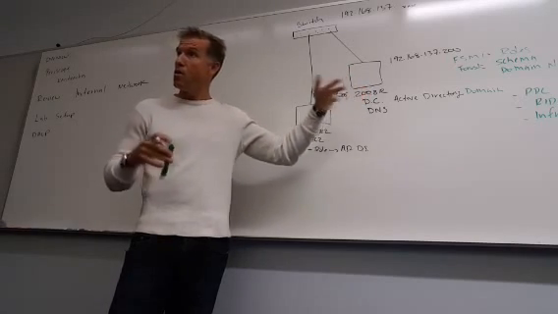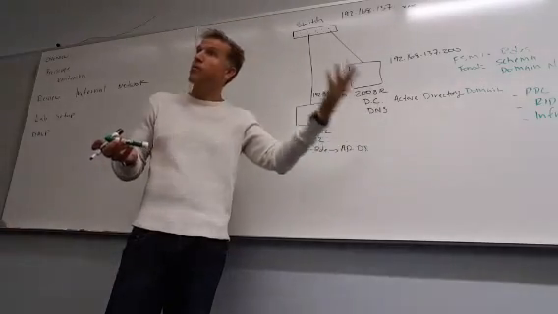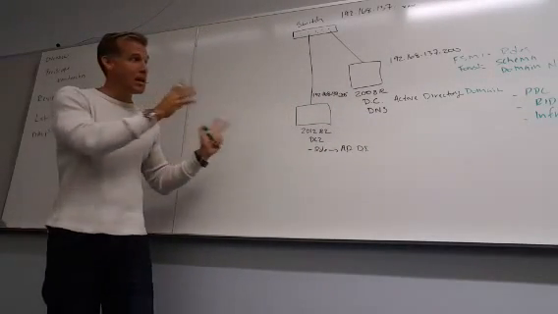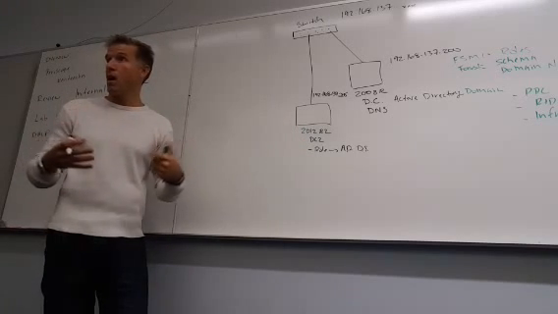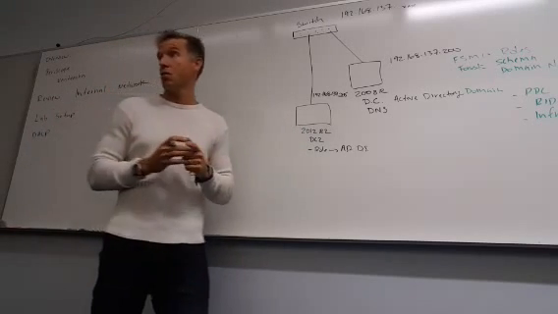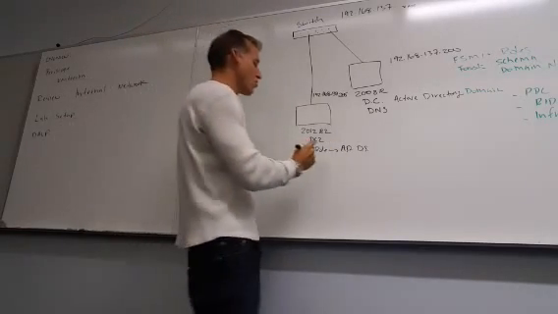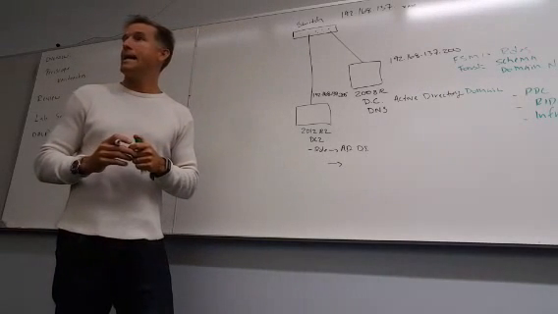Adprep.exe you normally have to run if you've got a 2003 domain and you're upgrading it. They built it into Active Directory Domain Services, just FYI. Otherwise, I normally have to run that manually. So we ran the role, and after we ran the role, then what do we do? After we ran the ADDS.